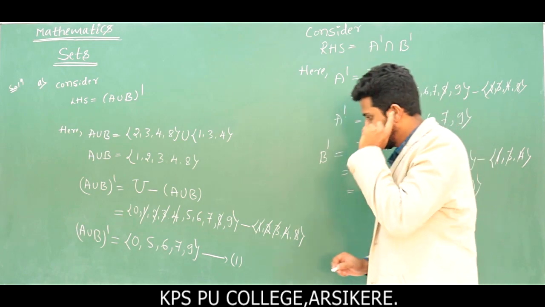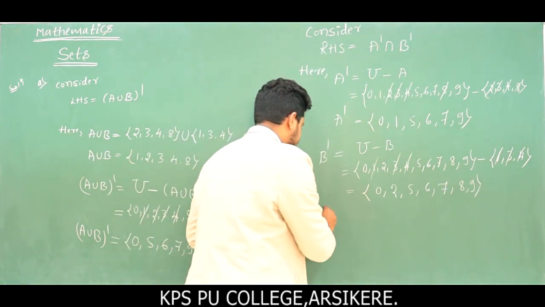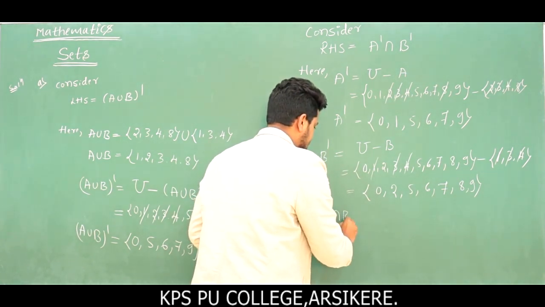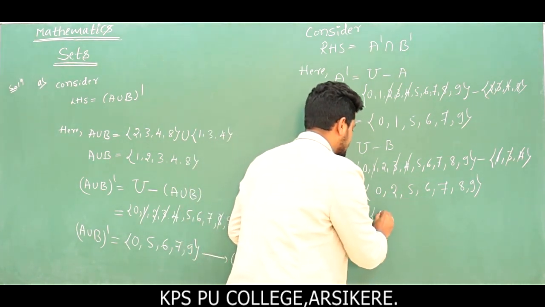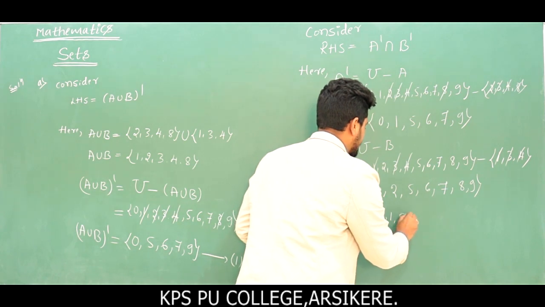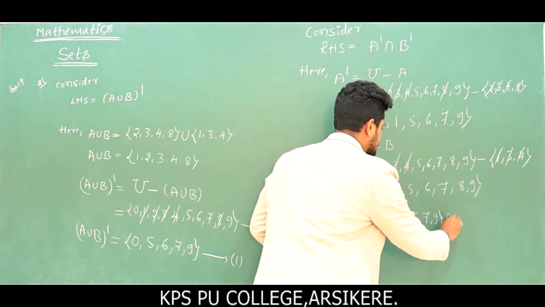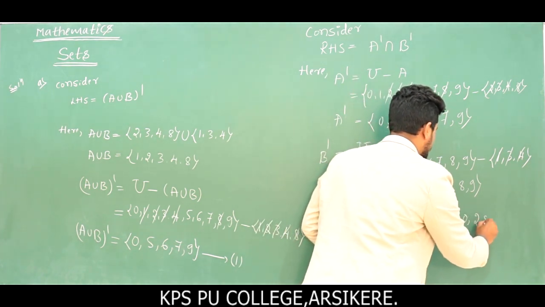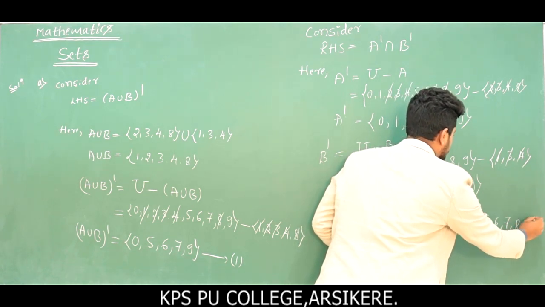But we have to find the value of A dash intersection B dash. Therefore, A dash intersection B dash is equal to, A dash value 0, 1, 5, 6, 7, 9 intersection B dash, 0, 2, 5, 6, 7, 8, 9.